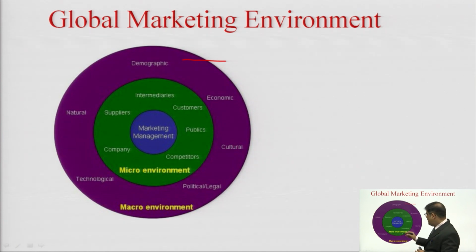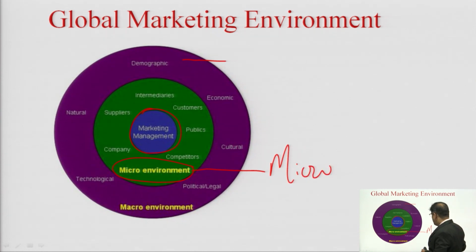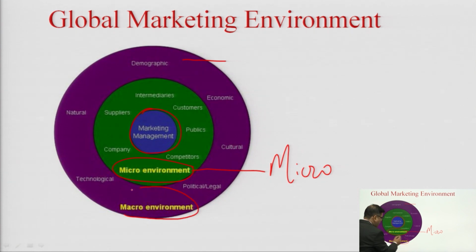Now, we can see that at the core of this diagram is the marketing management, while the inner circle talks about the micro environment, and the outer circle talks about the macro environment.